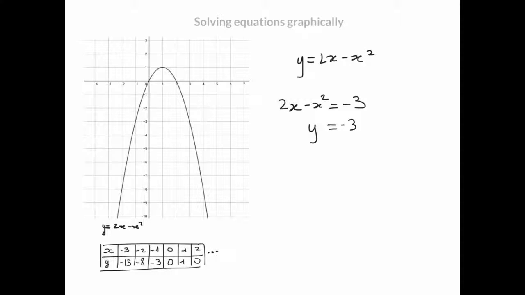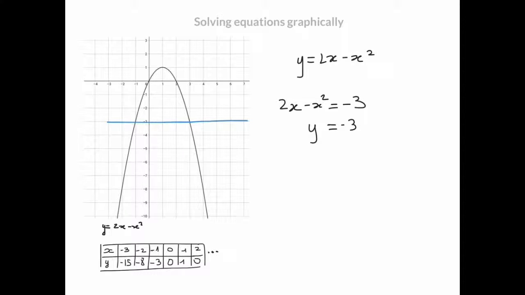So the question we're asking ourselves is, for what values of x is 2x - x² equal to -3? If we want to use this graph, this means that if 2x - x² is -3, then so is y on the graph. So we need points for which the y coordinate is -3. All the points whose y-coordinate is -3 are going to be somewhere on this line.